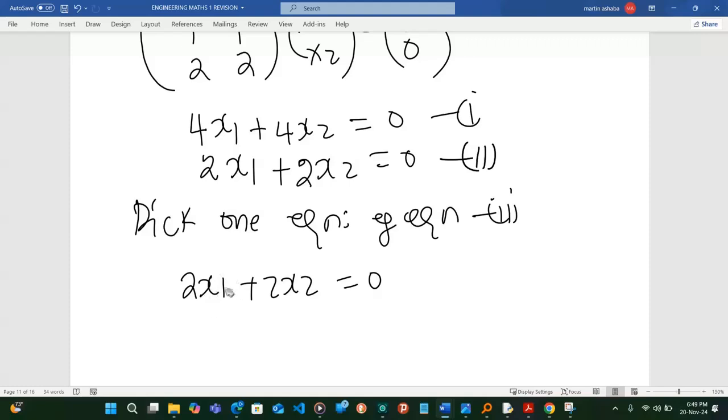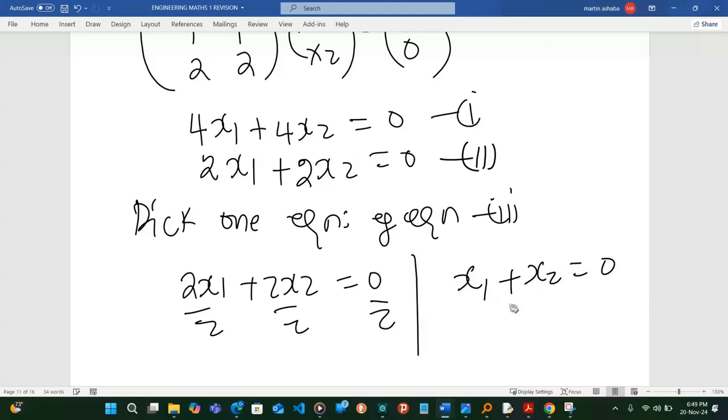I can further reduce this one by 2, by 2, by 2, so that I have x1 plus x2 equals 0. So this means x1 is equal to negative x2. What does this mean?